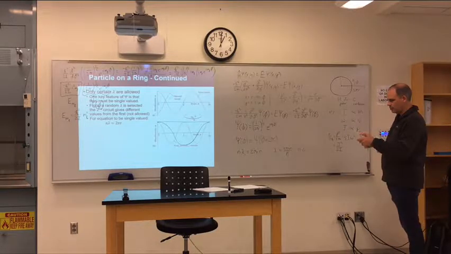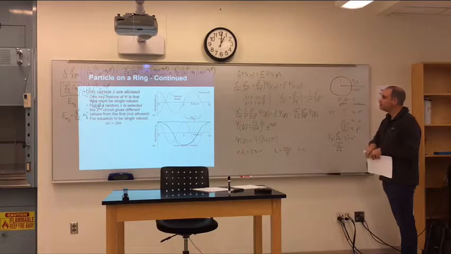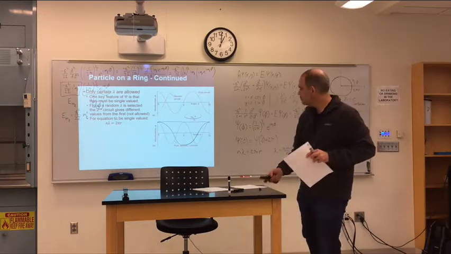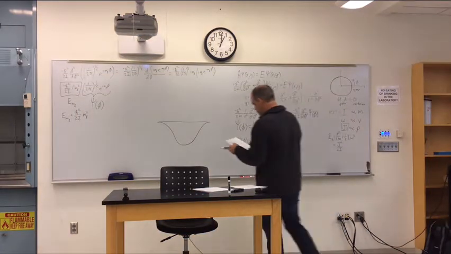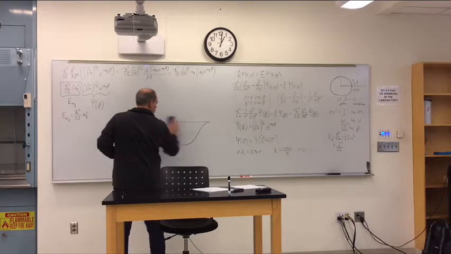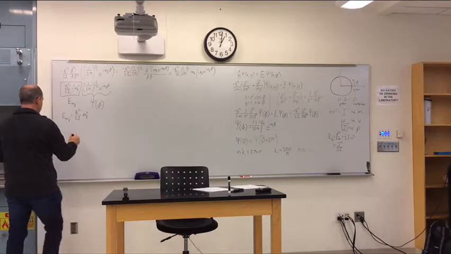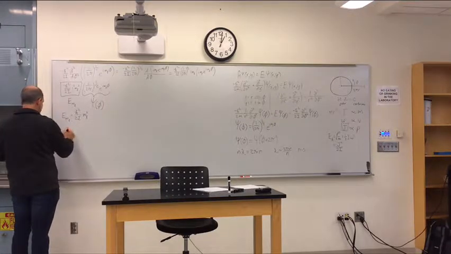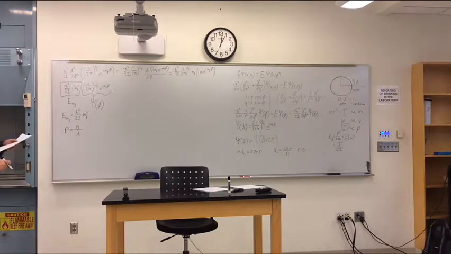Okay, so for our momentum term, going back to de Broglie, he gave a relationship between momentum and wavelength. So momentum is equal to h over lambda, not h bar, but h. We have an equivalent for a rotating system.